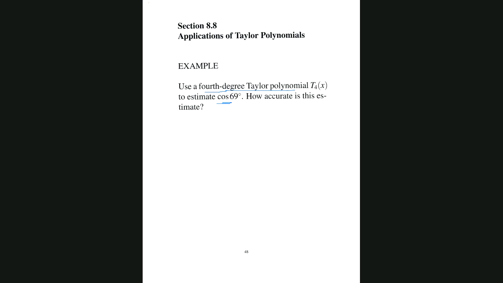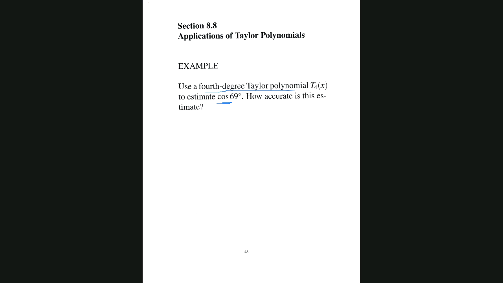Of course, for angles like 45 degrees, 60 degrees, 30 degrees, we can get exact values of sines and cosines. The cosine of 60 degrees is a half, right? The cosine of 30 degrees is √3/2.